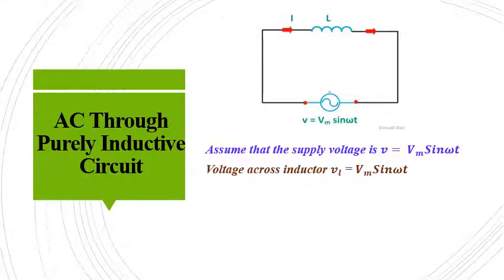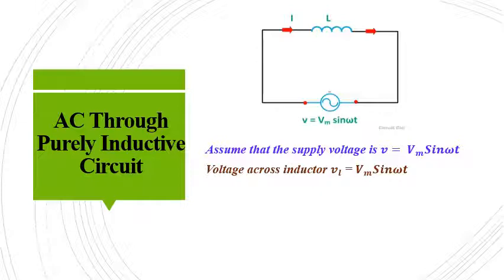We know that the voltage across the inductor, VL, will be equal to Vm sin omega t, because these two are parallel. So here we are having an inductor. What will happen when we are passing an alternating current through it? The flux linked with the coil changes.